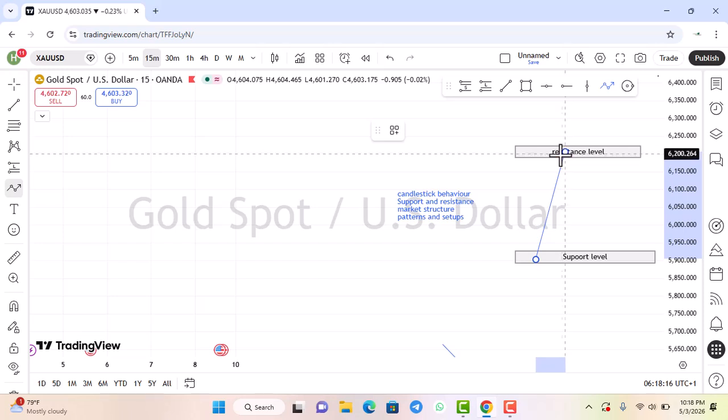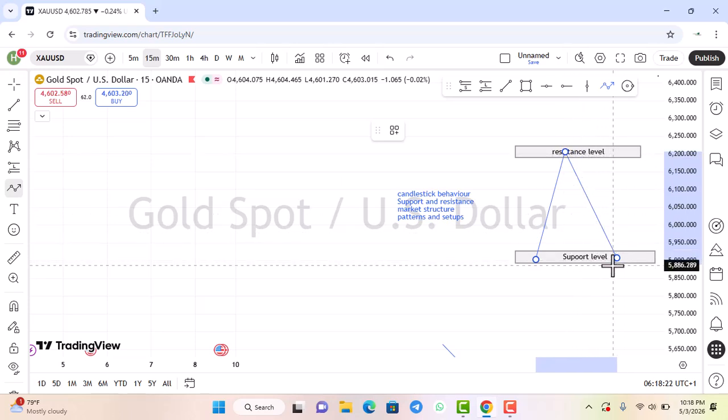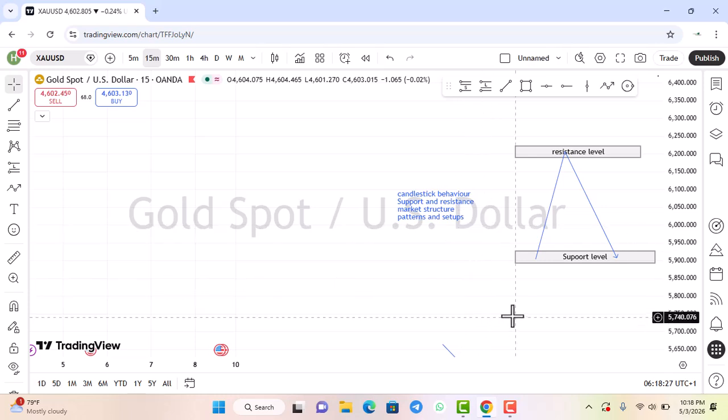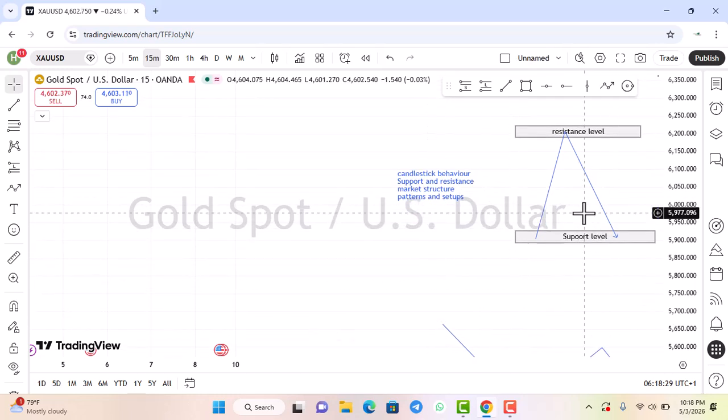When you have price move from up to down, that means price move from resistance level to support level, right? So this is what resistance and support in price action means.